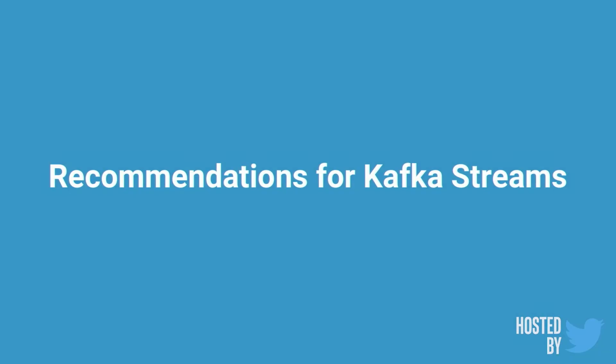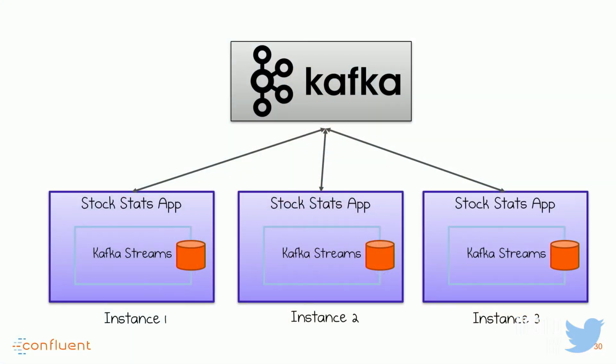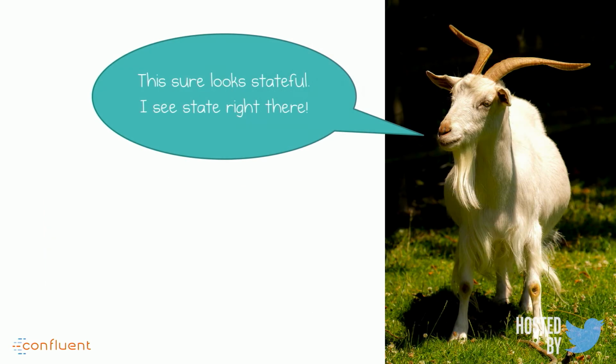Okay, with all this knowledge about Kubernetes, what do we actually do with Kafka Streams? As you remember, we have those applications, and they each have state. So one may say that, okay, they have state, we may need a stateful set. And this would be a reasonable thing to say.